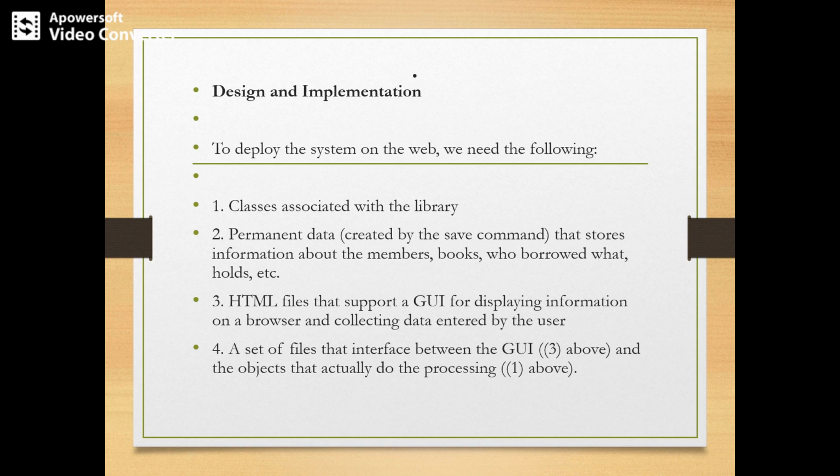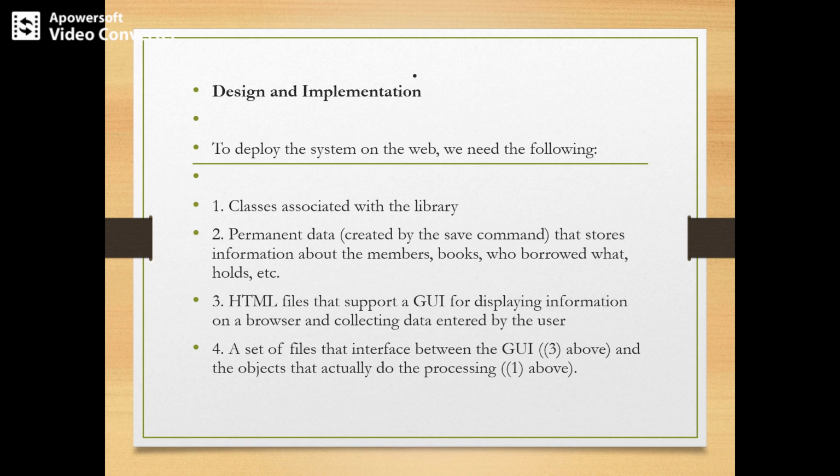First, classes associated with the library are a must, because without them we are not able to deploy it. Here we recall the classes such as library, member, book, catalog, and so on.